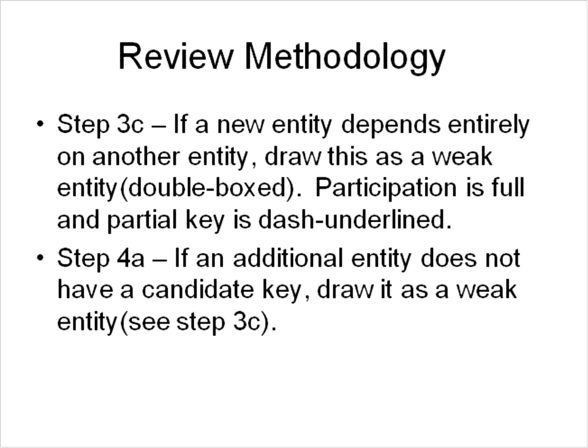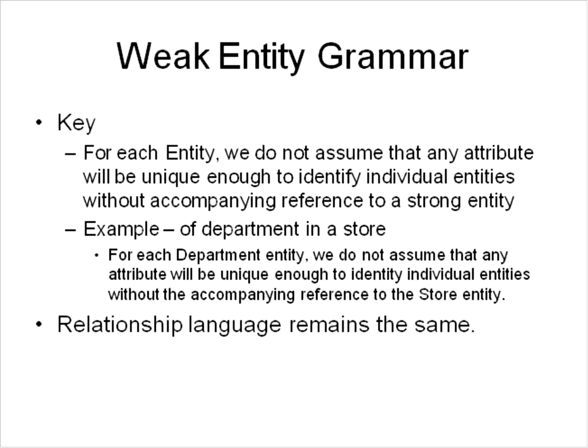Step 4A, if an additional entity does not have a candidate key, draw it as a weak entity. The key. For each weak entity, we do not assume that an attribute will be unique enough to identify individual entities without accompanying reference of the strong entity.